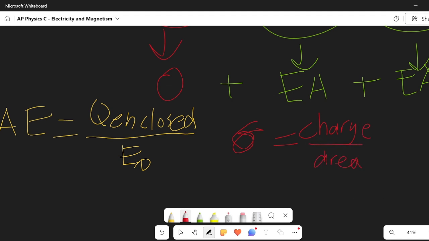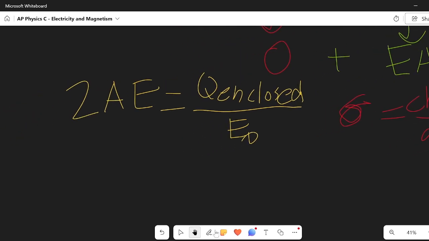To get just the charge itself, we don't want area, so we multiply by area. So Q enclosed is simply equal to the charge density multiplied by the area.